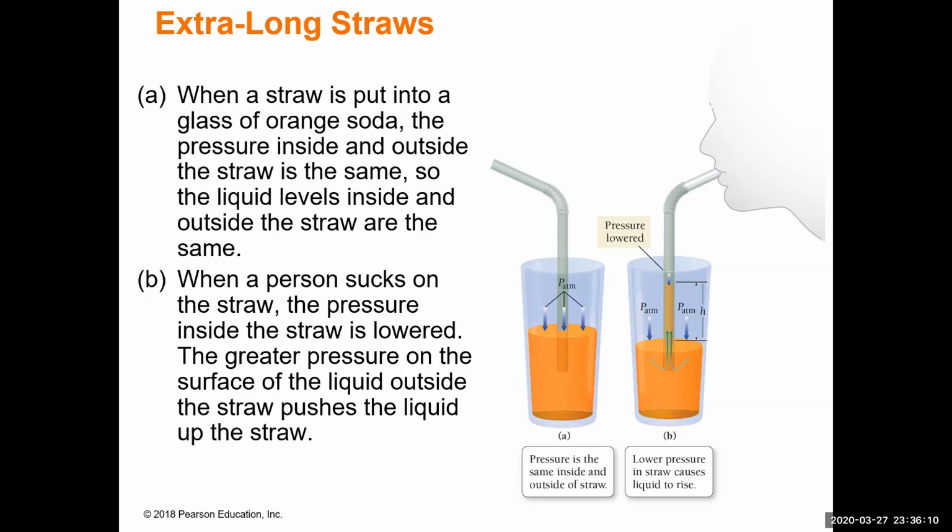So now we're going to have greater pressure on the surface of the liquid outside of the straw than inside of the straw. And because of this, the liquid is pushed up inside of the straw.